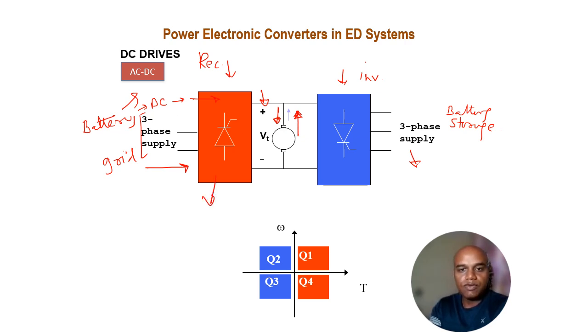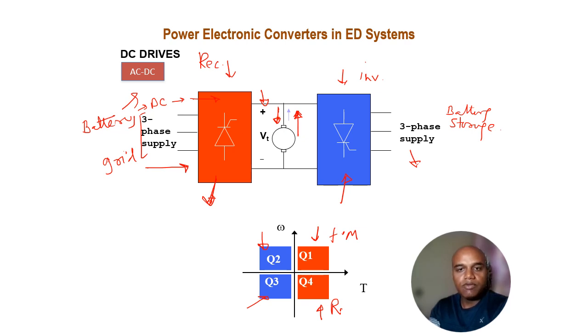this color shows that through this rectifier we will have control over quadrant 1 and quadrant 4. Similarly, through this inversion process we will have control over quadrant 2 and quadrant 3. So in the rectification mode, due to this rectification converter, we can have the forward motoring mode and the reverse mode.